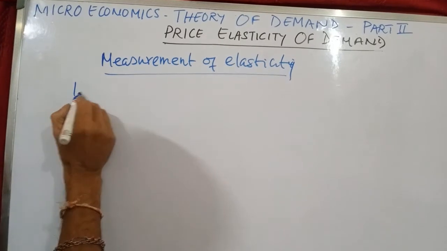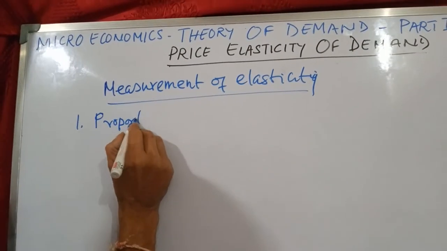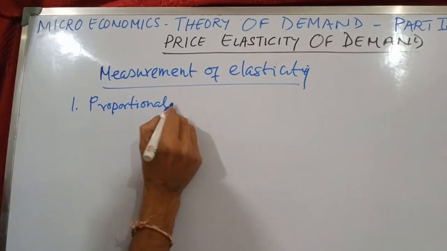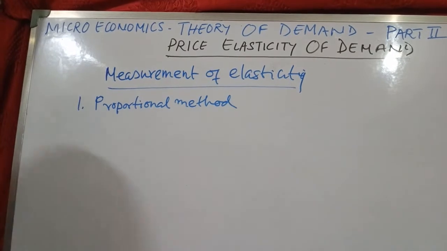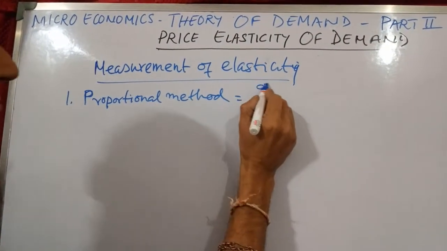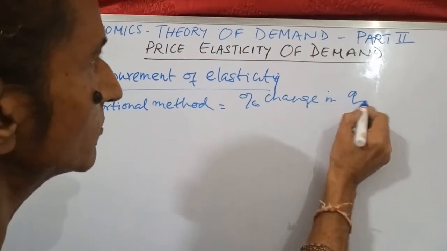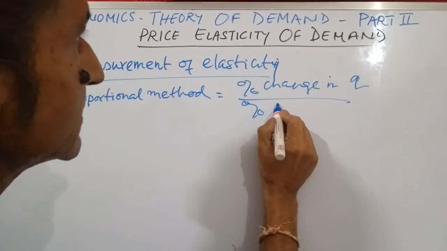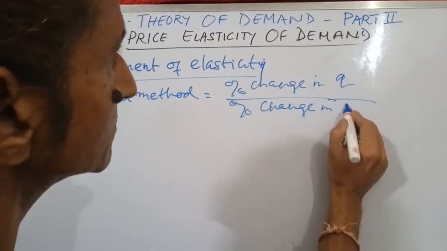Number one is the proportional method. The proportional method is the one we have just applied, that is, percentage change in Q divided by percentage change in P.